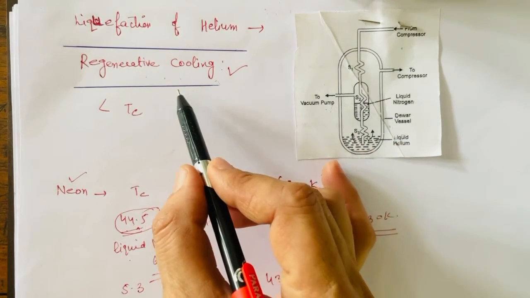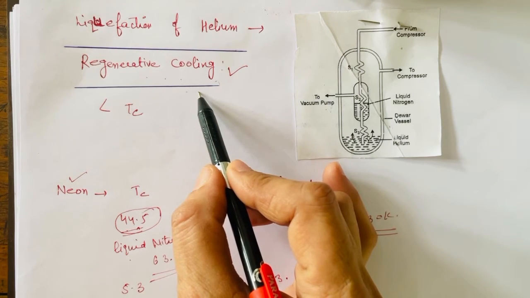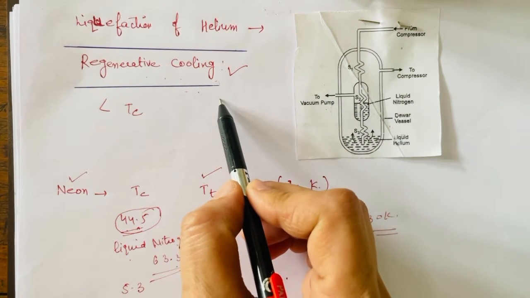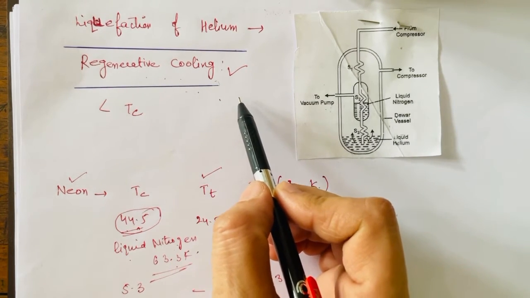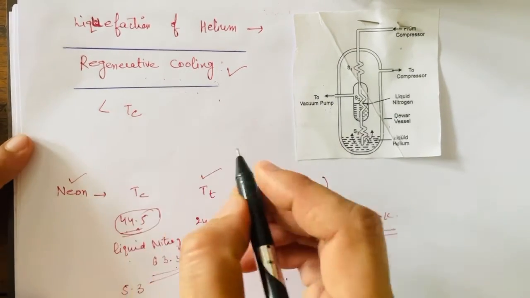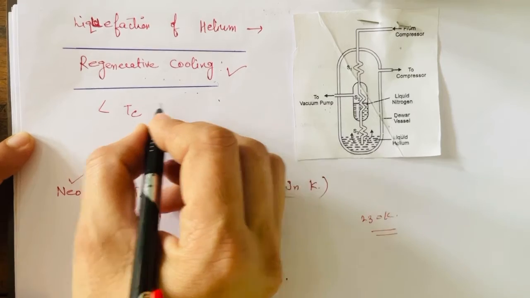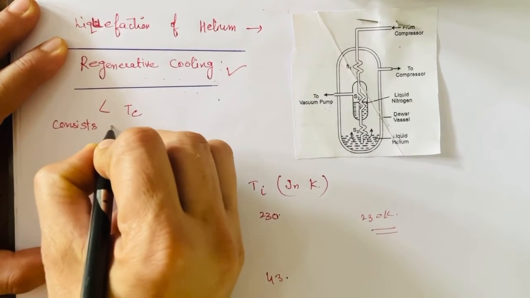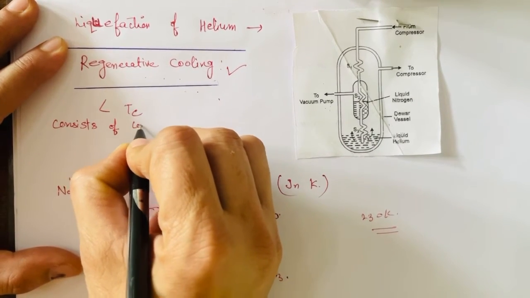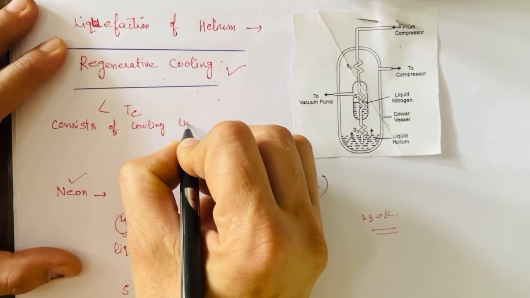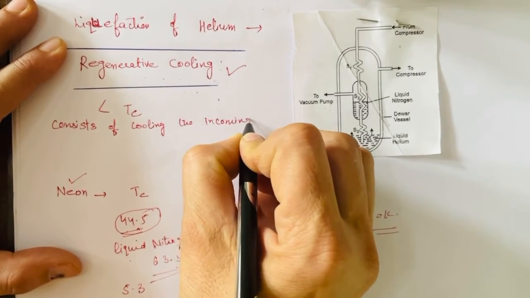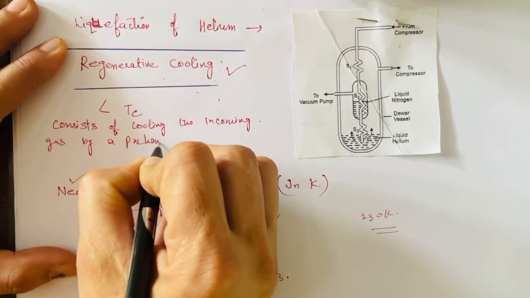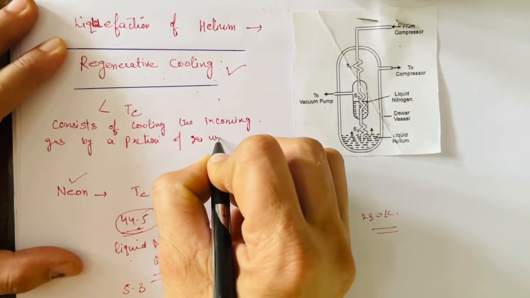This process consists of cooling the incoming gas by a portion of gas which has already been cooled by Joule-Thomson expansion.